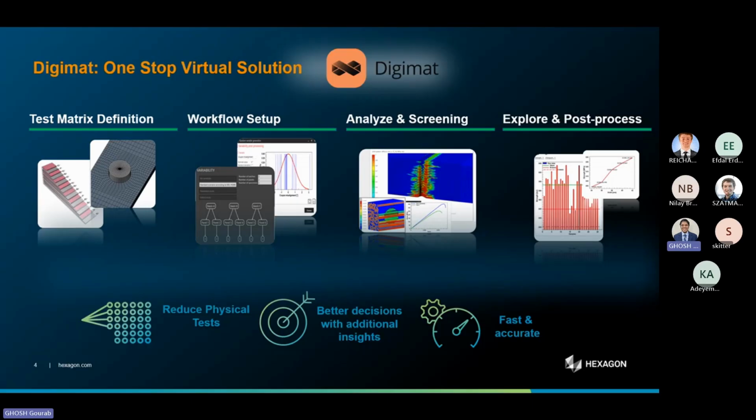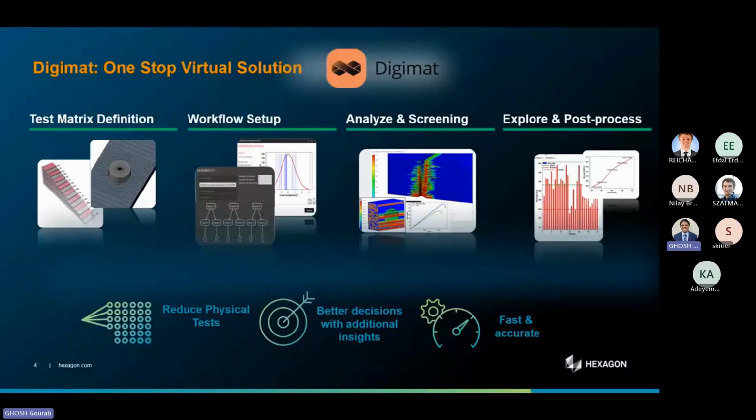We will show that today. With a couple of clicks, you can get all the results that you need, which will reduce the need for expensive and time-consuming physical tests. Still, you can get better decisions with additional insights. And most importantly, all of this is both fast and accurate, which we all need. We don't want to go into very complicated simulation things.